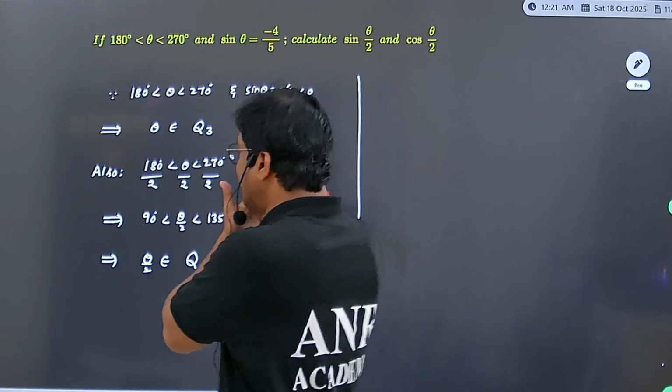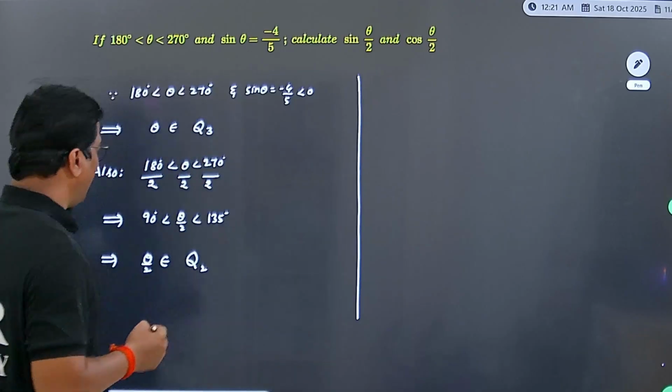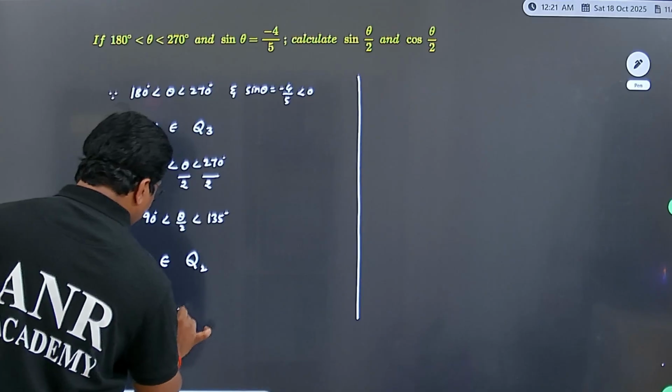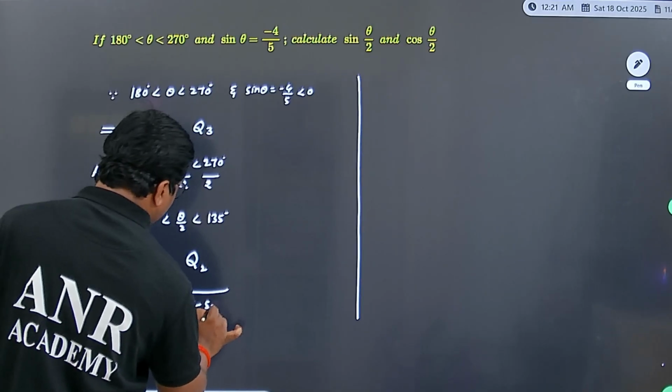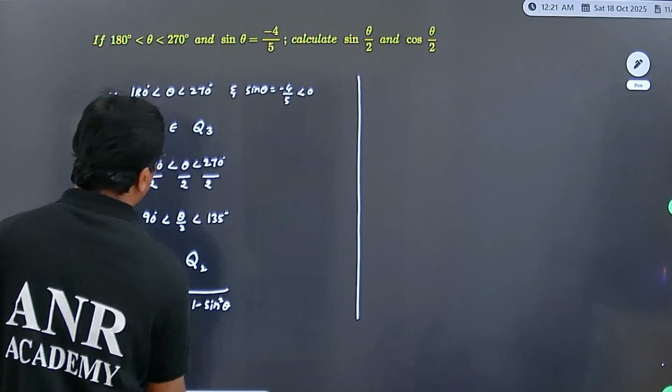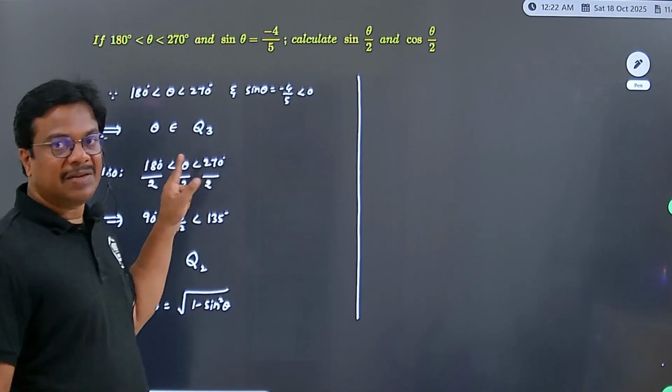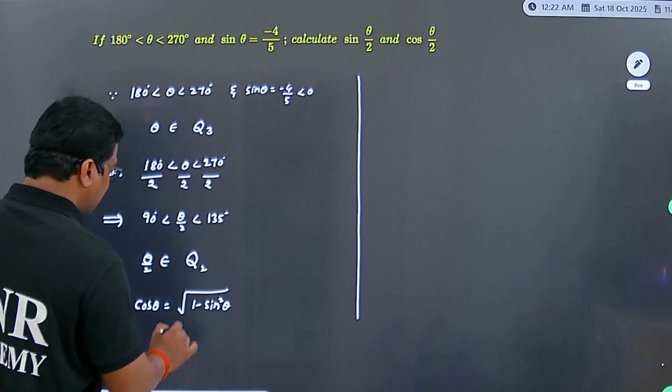Next, when sin theta is minus 4 by 5, you can write the value of cos theta as root over 1 minus sin square theta. Theta belongs to quadrant 3. By All Silver Teacups, cos theta is negative.